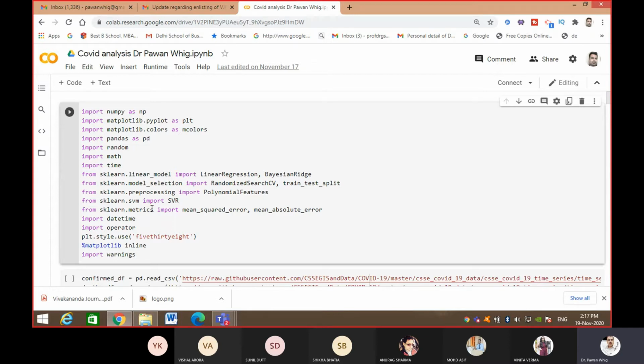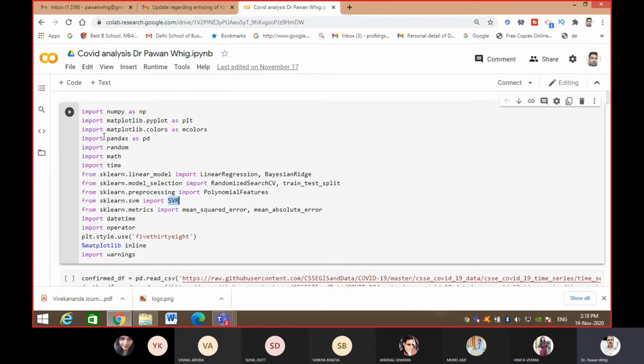We did three kinds of calculation on the dataset. One is linear regression, another is Bayes theorem, Bayesian ridge, and the third one is support vector machine. We also imported support vector machine. So we do three kinds of analysis with the help of these algorithms.